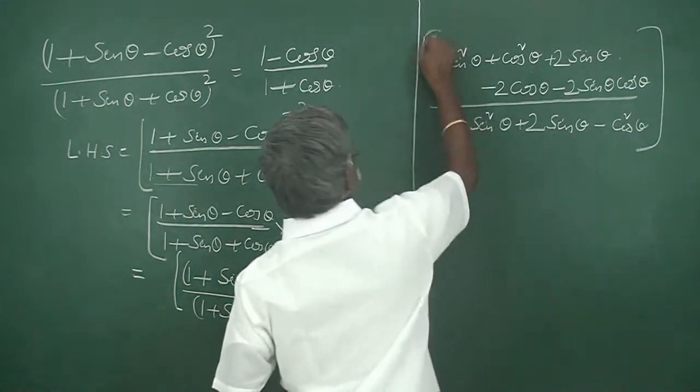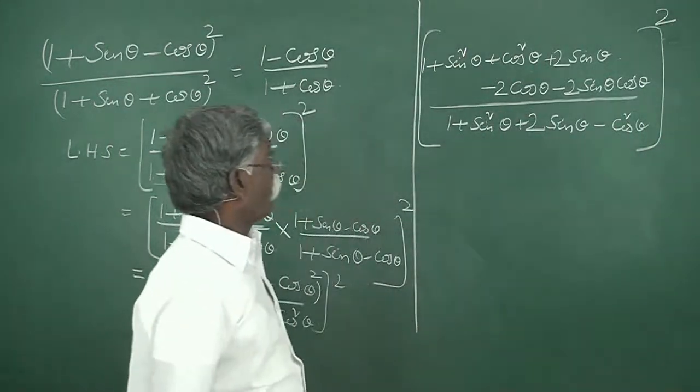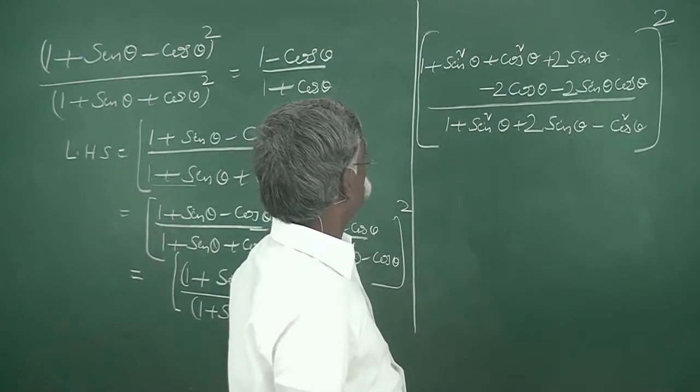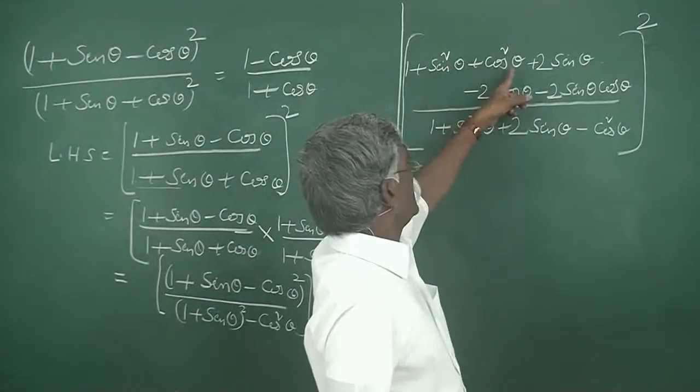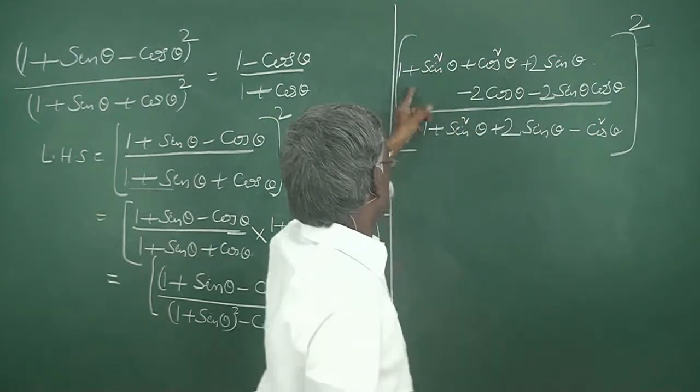For these things, this is once again whole square. Now, in the numerator, sin square theta plus cos square theta is 1. 1 plus 1 is 2.